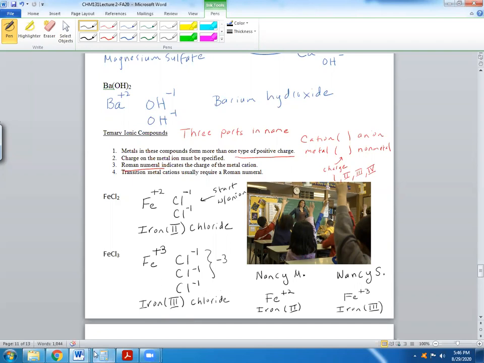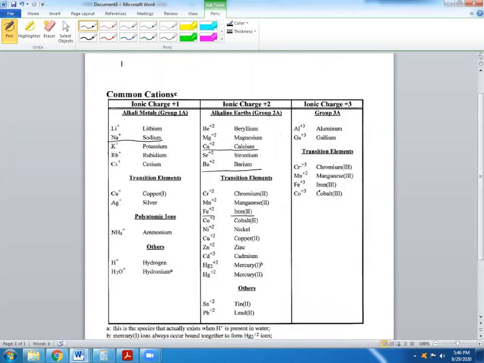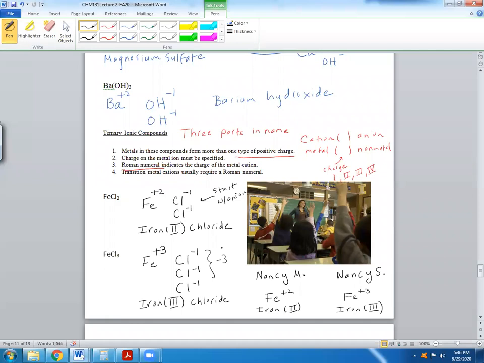That is how you would name these. Before we move on, iron 2 is sometimes referred to as ferrous, and iron 3 is ferric chloride.